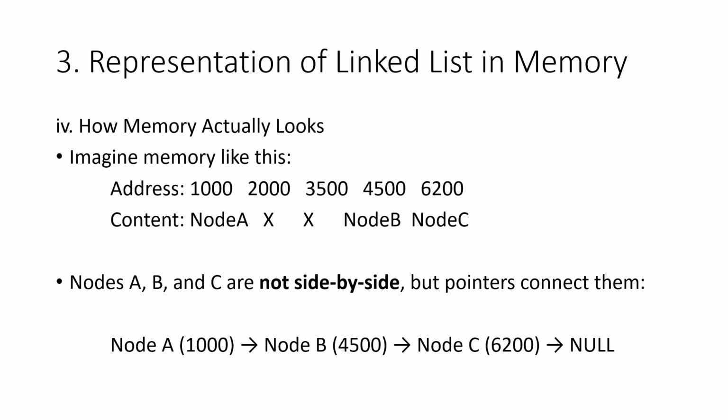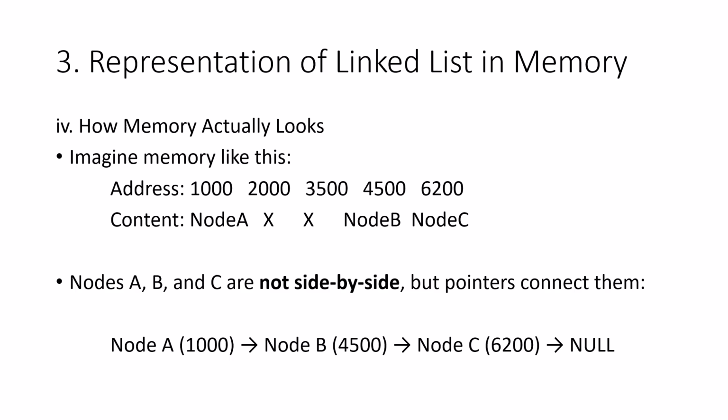So, node A might be at address 1000, node B at 4500, and node C at 6200. They are not stored next to each other.